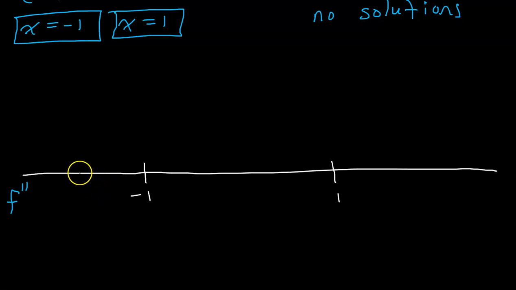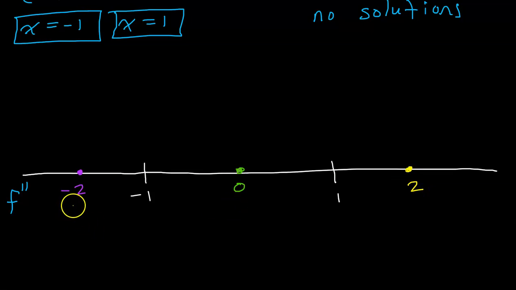I'm going to pick a value right here, a value of -2. And I'm going to pick a value in this interval. I'm switching colors. I'm going to pick 0. And then I'm going to pick a value in this interval, and I'm going to pick 2.